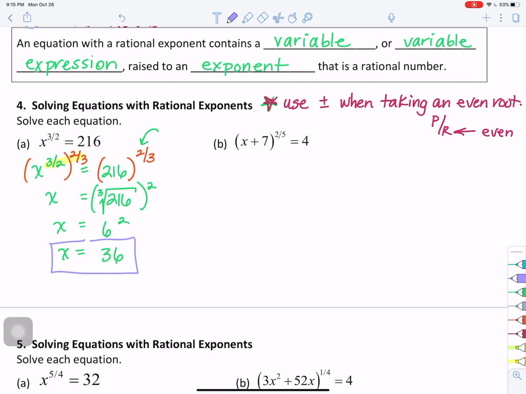Okay, let's go ahead and look at B. I'll write that out here a little bit larger. And we're going to raise both sides to the 5/2 power. Now think about this. Power over root. We have an even root.